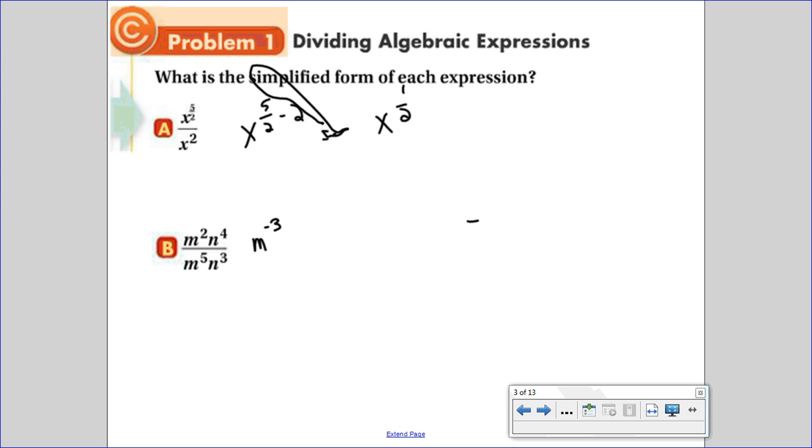And n to the 4 minus 3 is going to give us n to the 1st. We can't have a negative exponent, so that will turn into n, I don't have to write the 1st, over m to the 3rd.